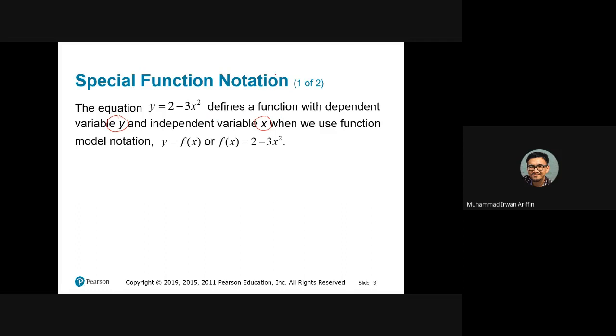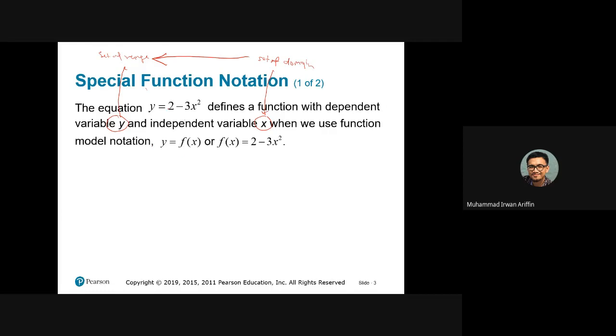If you remember from chapter 1, x represents the set of domain and y represents the set of range. How do we define a function? A function says that for each element in the domain, there is only one corresponding element in the range. So one domain element will only have one element in range.